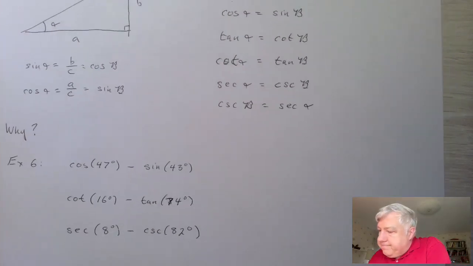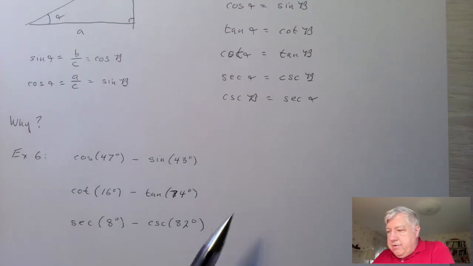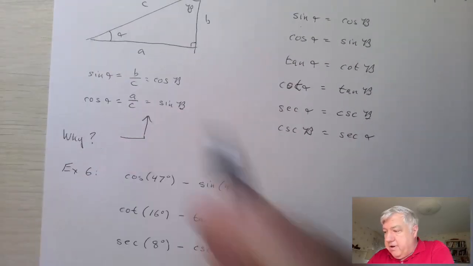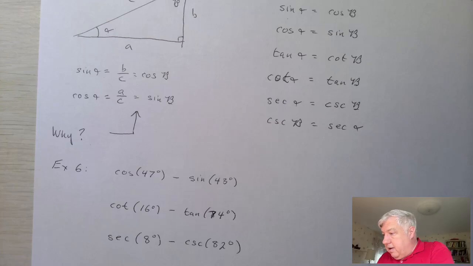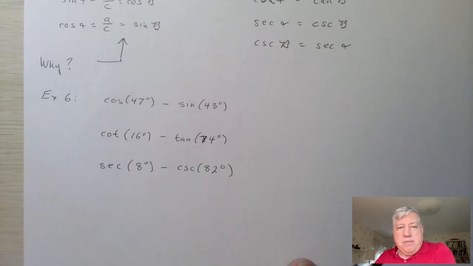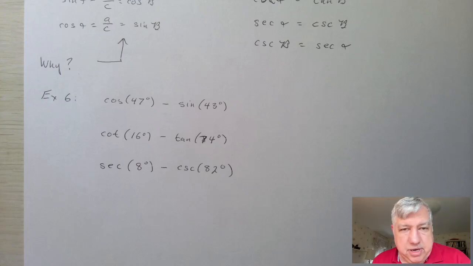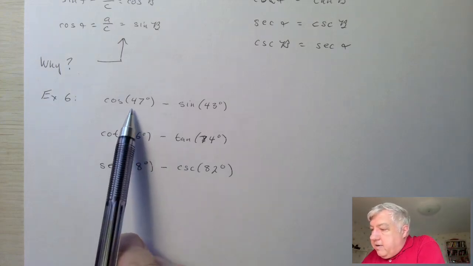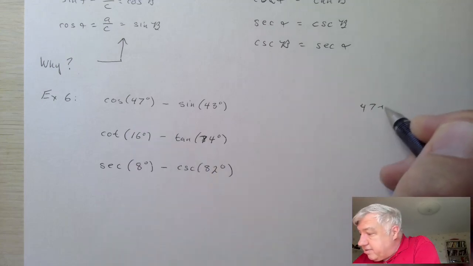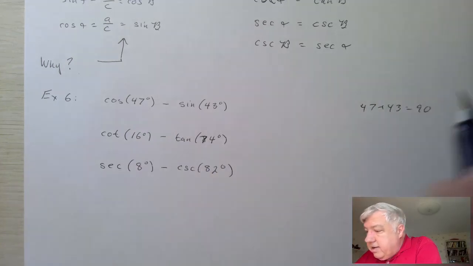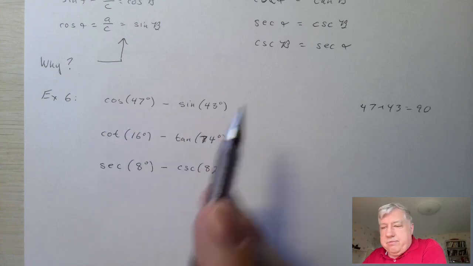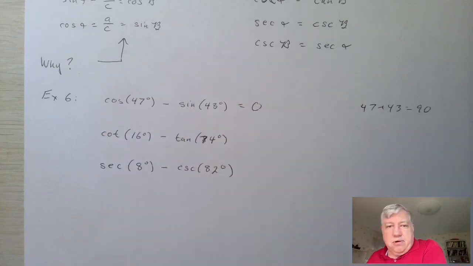So here in this example, we explained why. The why is because of what we just said. Then we have some really dumb stuff here. These look complicated, but once you realize 47 and 43 are complements, 47 plus 43 is 90, the cosine of 47 must equal the sine of 43, so therefore this is 0.